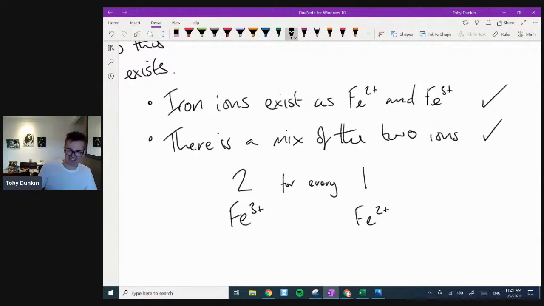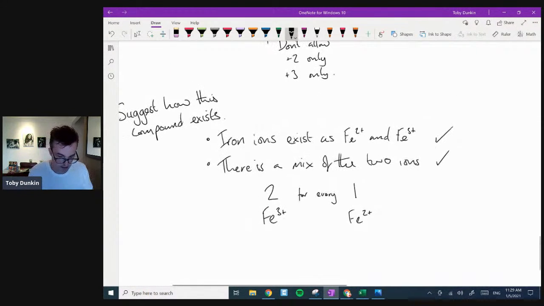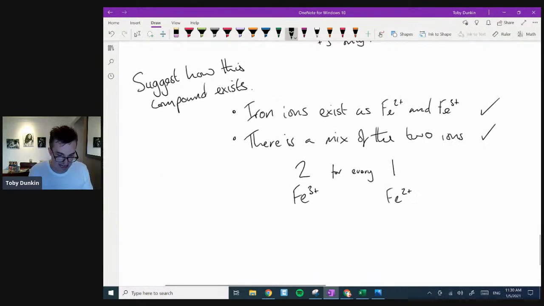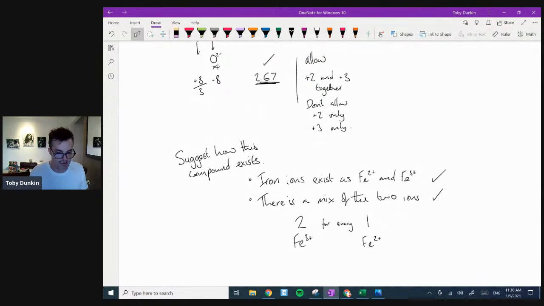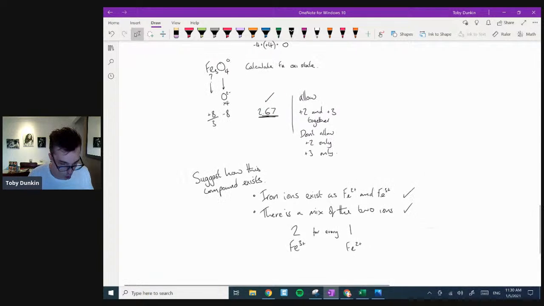Does that make sense? There must be more 3 plus than 2 plus because 2.67 is closer to 3. The 6 is closer to the 3, so there must be more 3s than 2s. But that was the answer. 2 marks, a really good question, but students really hated it.